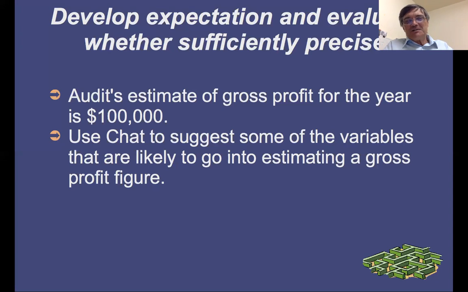How much they grew, what the market rate was, how badly the Japanese want that particular product. But the important thing is that there's a whole heap of things that are going to go into estimating the gross profit figure.